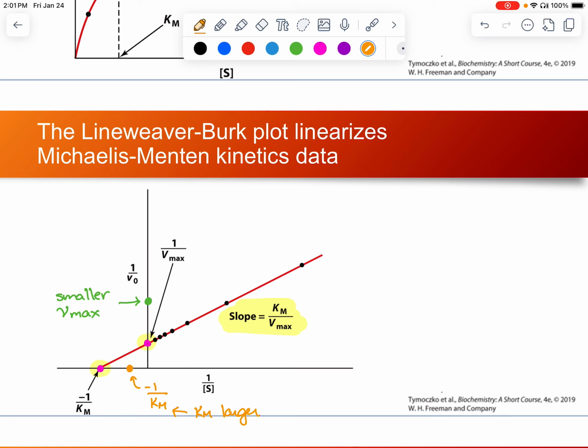All right, so if this was my new data, and I plotted that, I'm going to come up with some different line there. And that line would tell me that, you know what, whatever I added to change this, I have changed my maximum velocity, it's now lower, and I have changed my affinity for the substrate, that enzyme-substrate complex. And if Km is larger, we know that that affinity is decreased because those were reciprocal. Okay, so we're going to be looking at that a lot.